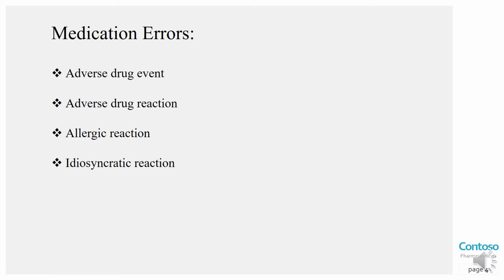Adverse drug reactions are unexpected, unintended, or excessive responses to medications given at therapeutic doses. There are two types of adverse drug reactions. The first is an allergic reaction, which is often predictable, and an idiosyncratic reaction, which is usually unpredictable.